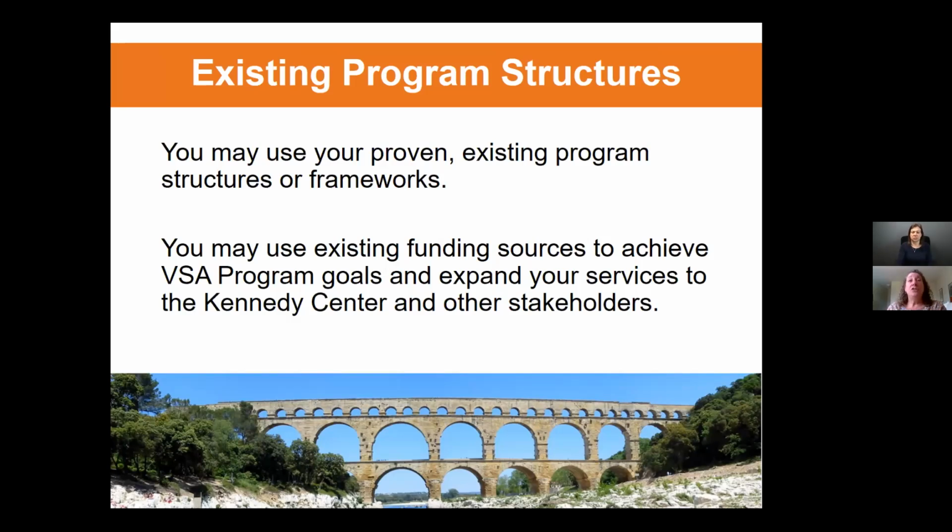You may also choose to combine the contract fee with existing funding sources to better achieve VSA program goals and expand your services for the Kennedy Center and other stakeholders.